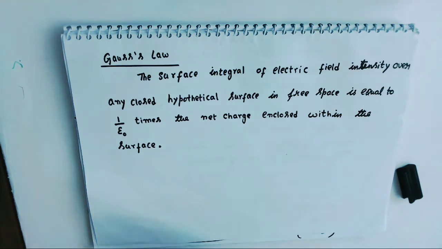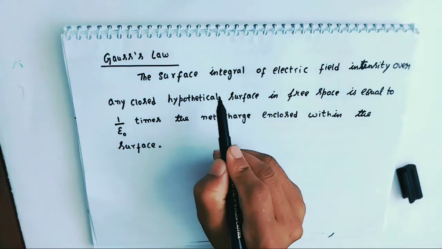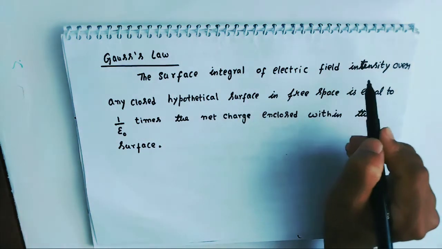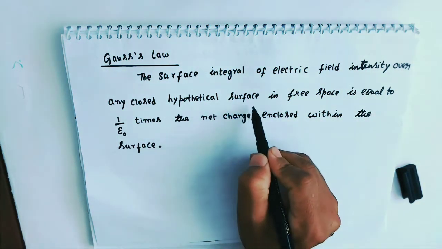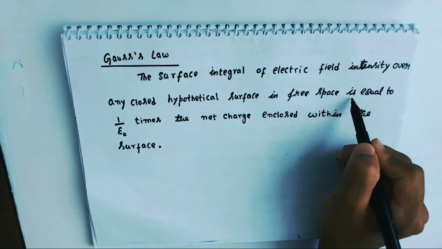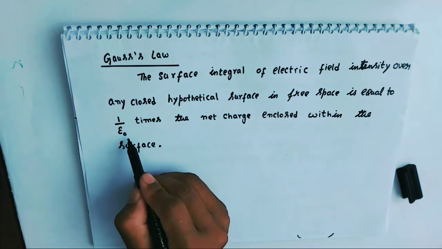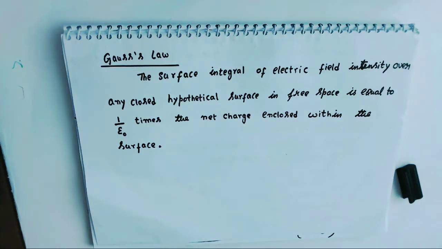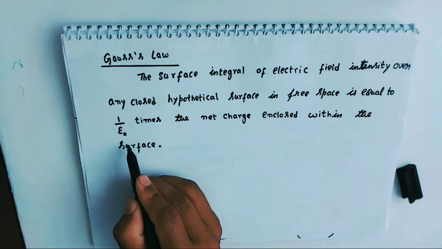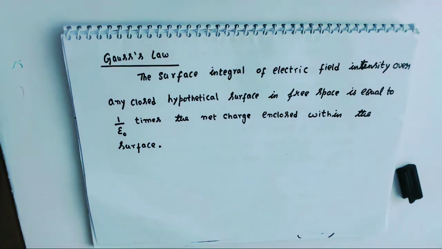So, according to Gauss law, it states that the surface integral of electric field intensity over any closed hypothetical surface in free space is equal to 1 by epsilon naught times the net charge enclosed within the surface. Here, epsilon naught is the absolute permittivity of free space.